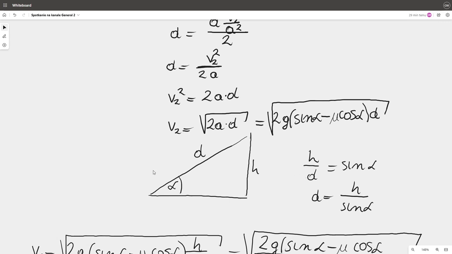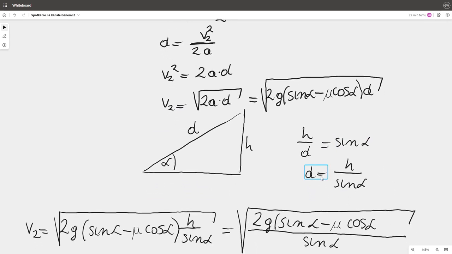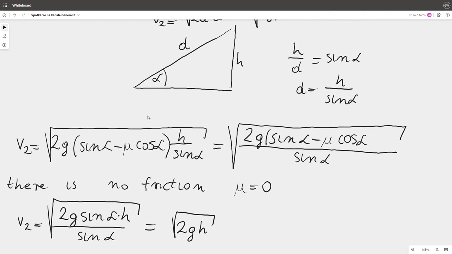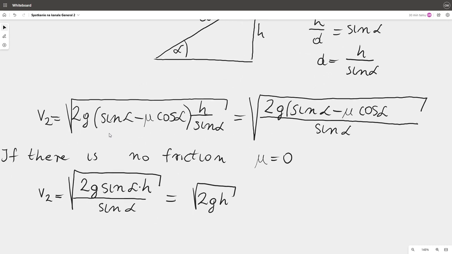You can see it here. So d is equal h divided by sine of alpha. We put d to this equation and we have such equation.